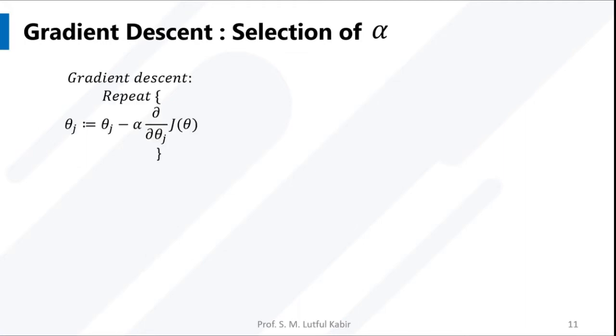Now we shall discuss how to select the learning rate alpha in order to have convergence through gradient descent. Gradient descent is defined by this equation. Theta j should be replaced by previous theta j minus learning rate alpha times the derivative of J theta with respect to theta j.